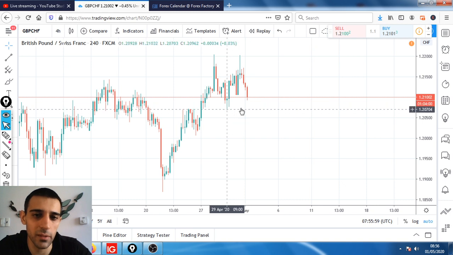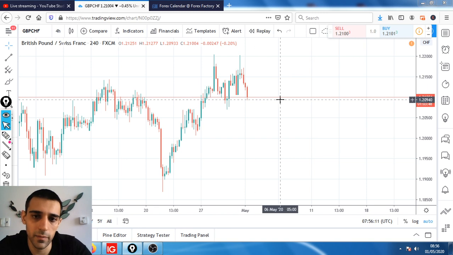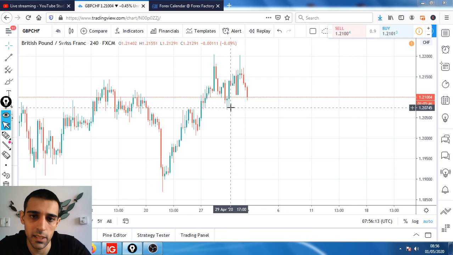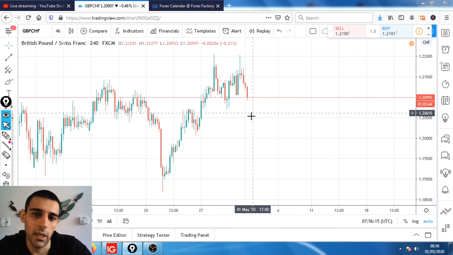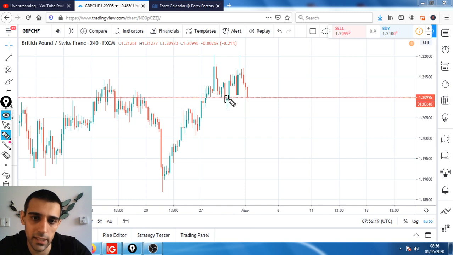So I do want to see the price taking out this spike low, and then I will be looking for the long side on this one. Let's reanalyze. If the price comes down and takes out this low here, ideally it closes like this candle, so it comes down and makes this nice spike without a full body.